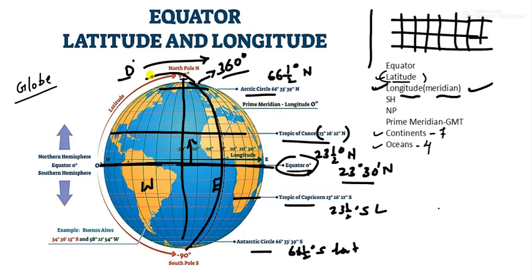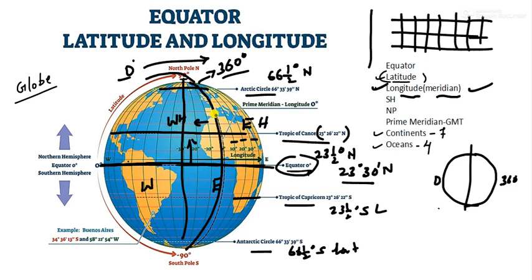0 degrees and 360 degrees together form what? Yes, they form a circle. Half is 0 degrees and this side is 360. If you go this side, they are all in the east position, so we call them the eastern hemisphere, and the ones towards the left side of that 0 degree line we call the western hemisphere.